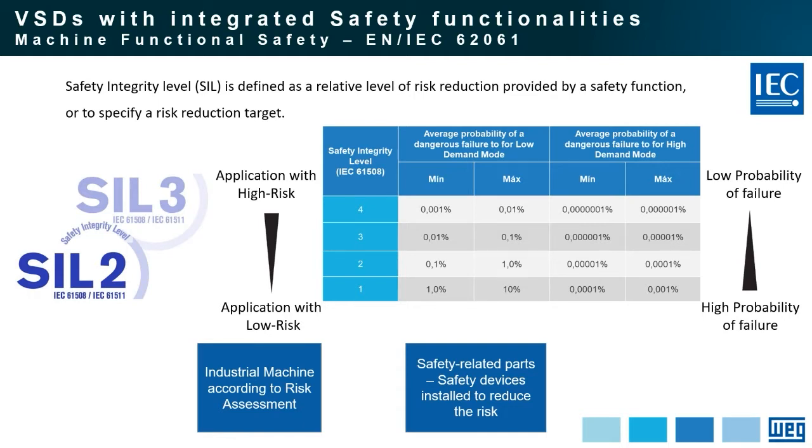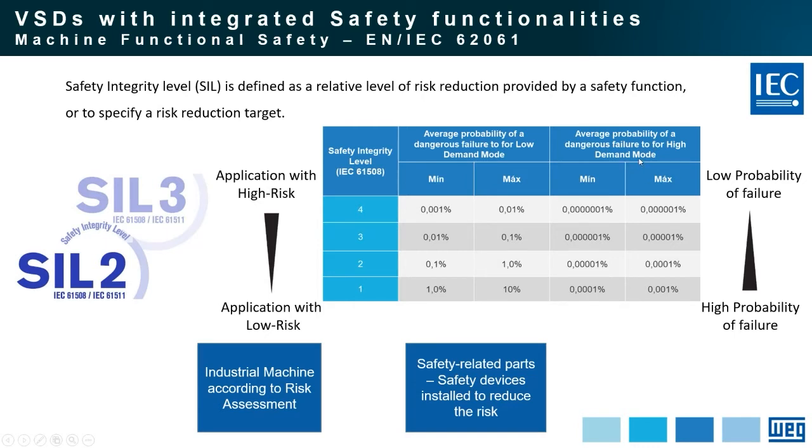We can see here two different types of average probability of dangerous failure. One is for low demand mode, which defines the minimum and the maximum probability of dangerous failure. And the other one is the same, applicable for high demand mode.